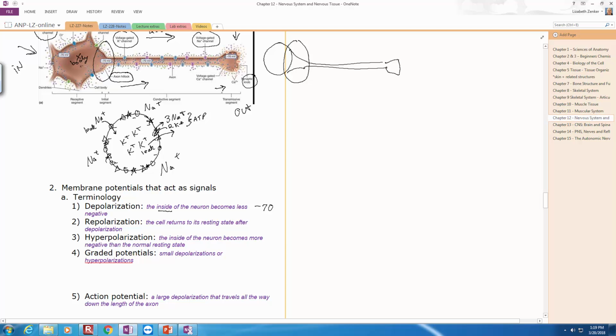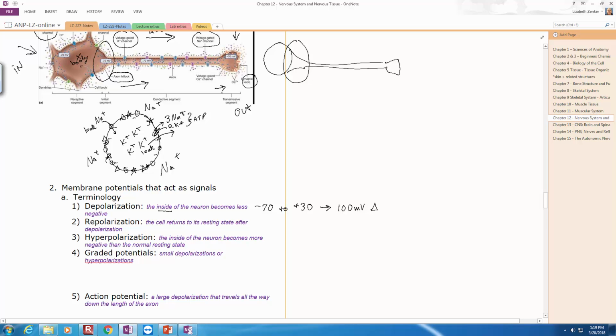If we have a full depolarization occur, where we flip the switch, if you will, we're going to go from -70 to +30 millivolts. So how much change in millivolts is that total? Going from -70 to 0, then to +30, is 100 millivolts. So that's a 100 millivolt change.